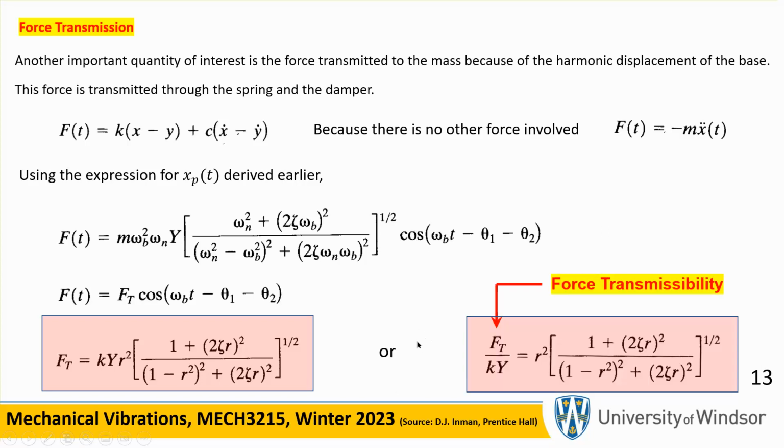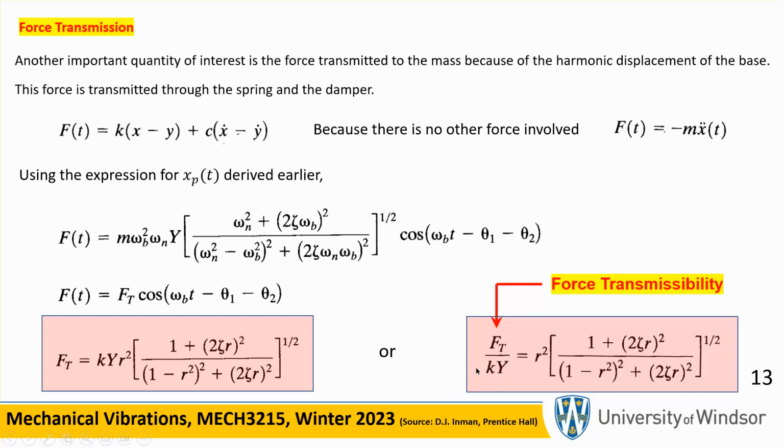Now if you divide by Ky, incidentally, think about what is Ky. K is the stiffness, right? And y is the amplitude of the base. So you can think about this thing as some kind of a force.